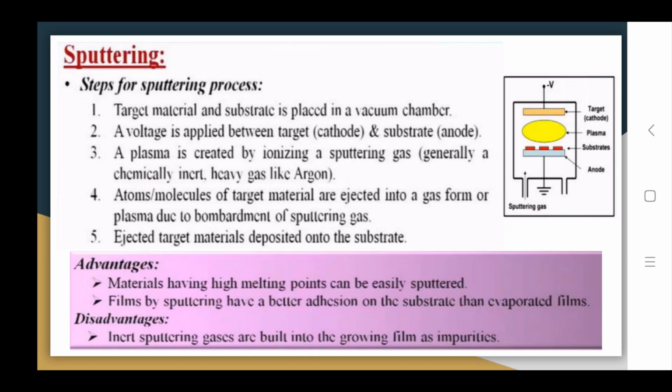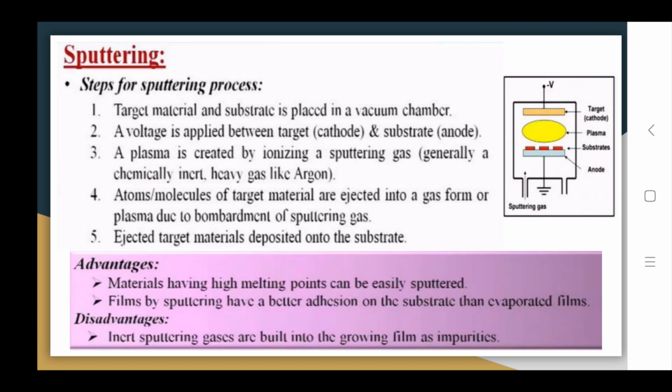This is a common method, or maybe an easily available method, and nowadays we are extensively using these sputtering techniques. So, the steps for the sputtering process: you have to put the target material, and then the substrate is placed in a vacuum chamber.